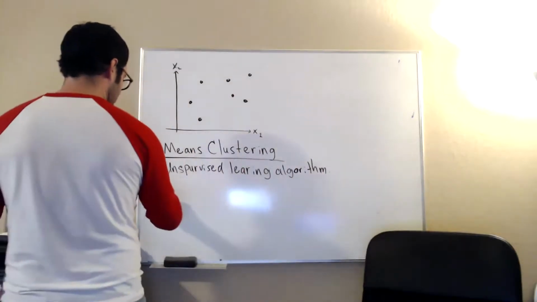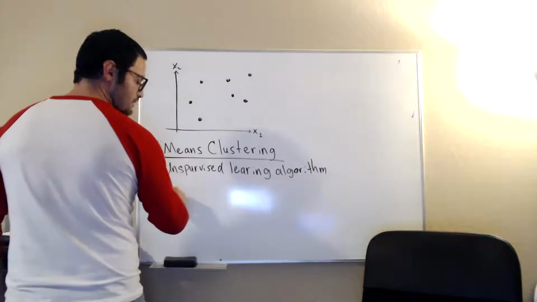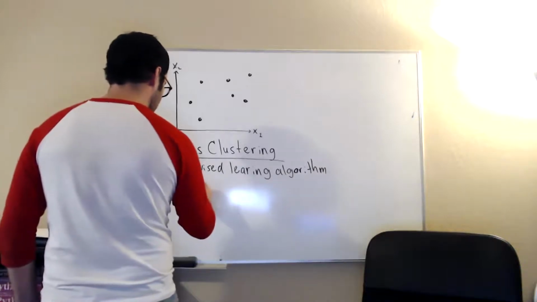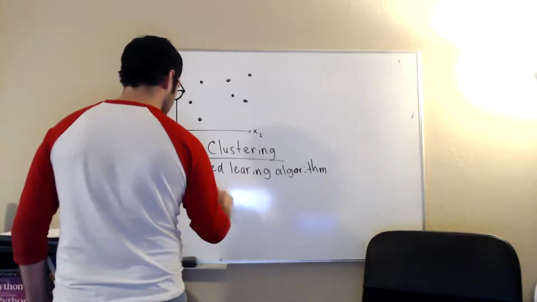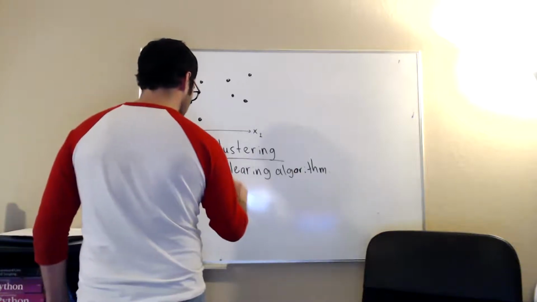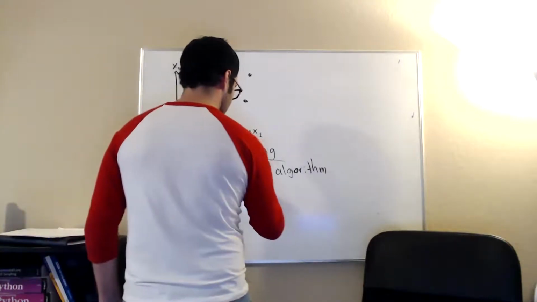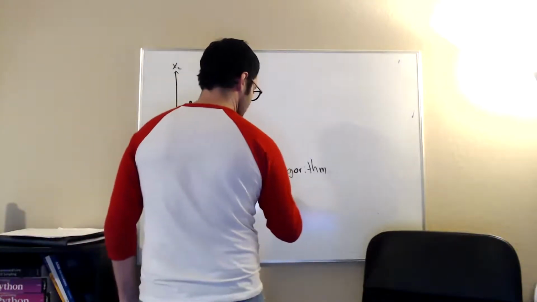So let's go ahead and write that down. We have x1 through dot dot dot through xn unlabeled feature vectors.